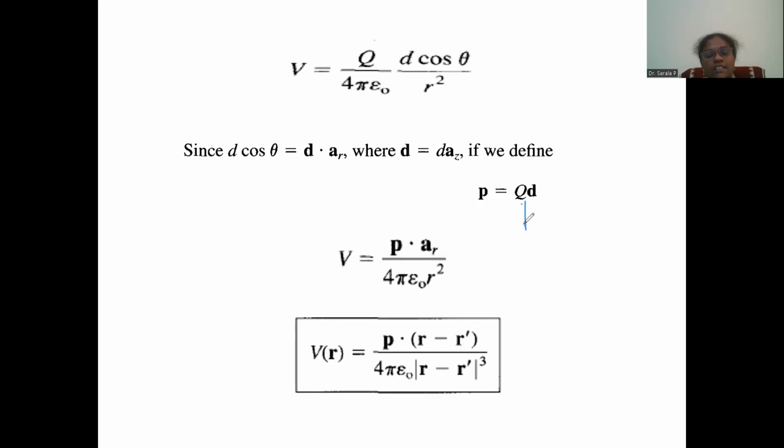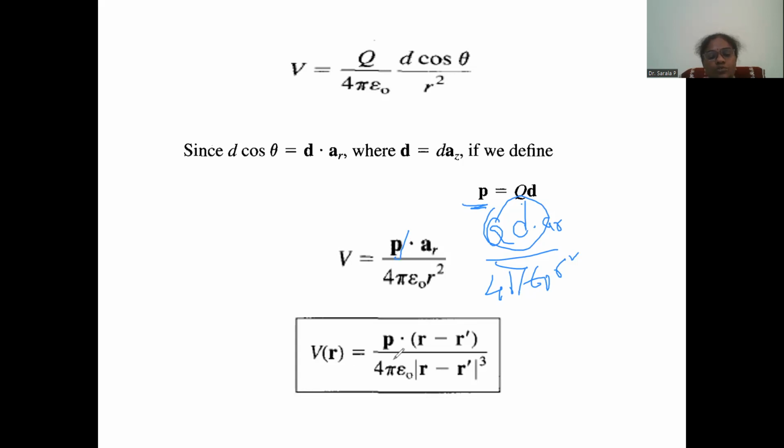Here there is Q by 4 pi epsilon naught R square, and what is this Qd? Qd is nothing but p. So that's why we write p dot aR by 4 pi epsilon naught R square.